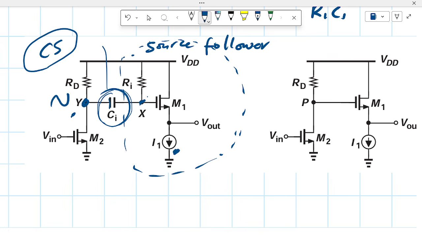The decoupling capacitor, if not properly selected, might attenuate the signal that we seek to have here at certain low frequencies. So how do we calculate the value of C1?